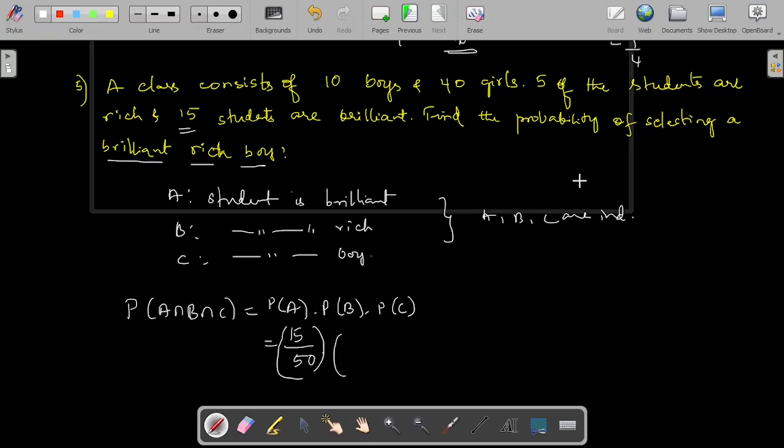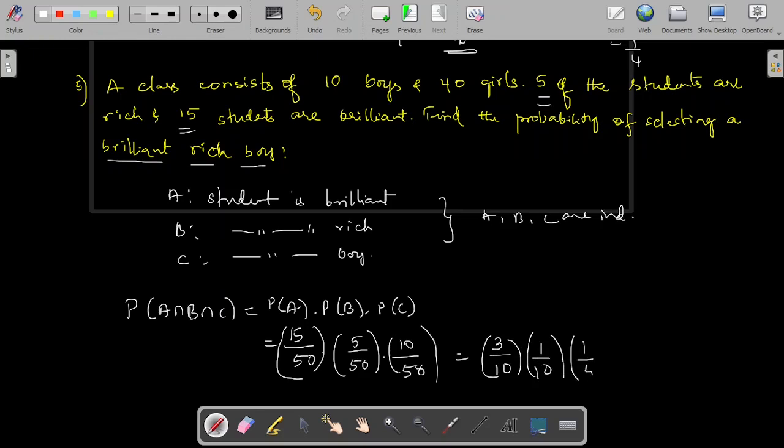How many rich students? 5 are rich, so 5 divided by the total number of students 50. How many boys in the class? 10 divided by 50. So 3 by 10 into 1 by 10 into 1 by 5 finally gives you 3 by 500. So this is the probability that the selected student is brilliant, rich and a boy.